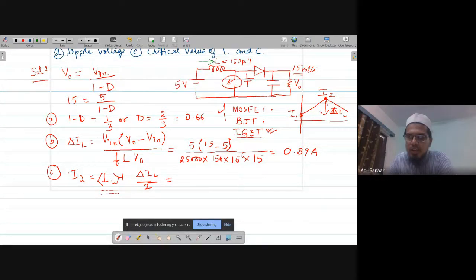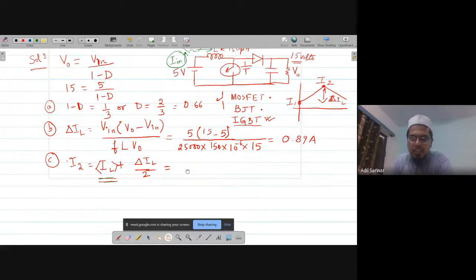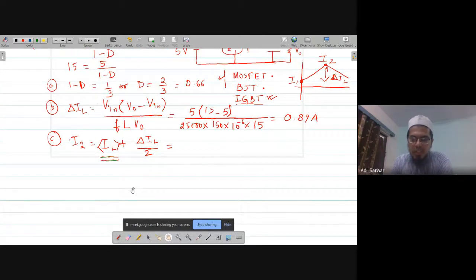This is the inductor current, and this is nothing but the input current, I in. So the average inductor current, IL average, is nothing but I in. So if we could find I in, we can write it in this expression for IL average. So let us first find the input current, and then we will write it down here. So how to find it out?